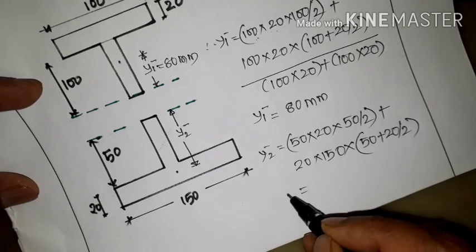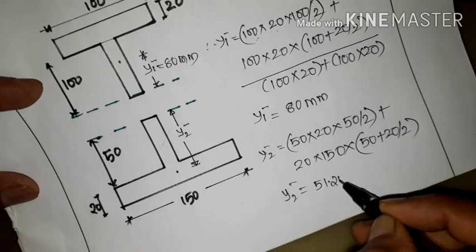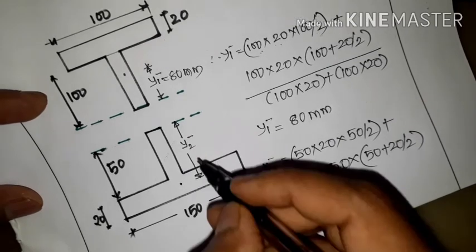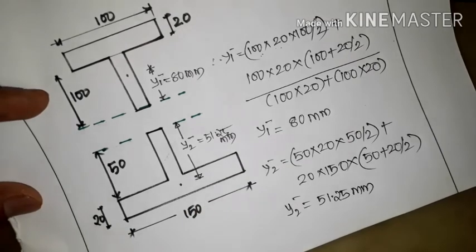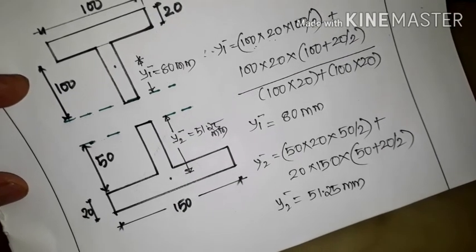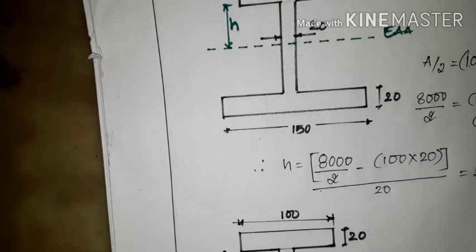So we will get this as 51.25 mm. So we have got y1 bar and y2 bar.